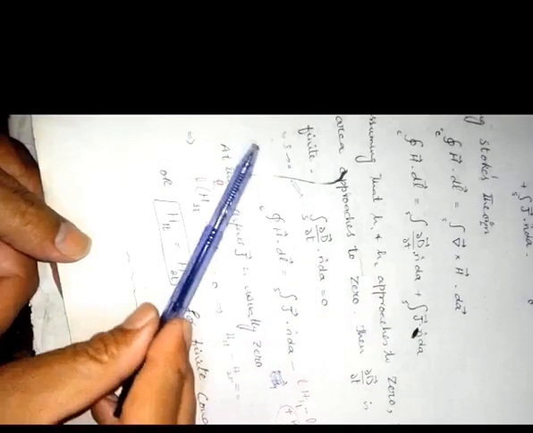Since we have to determine the relation between tangential components of H, we assume H1 and H2 to be 0. So when this is 0, the area approaches 0.